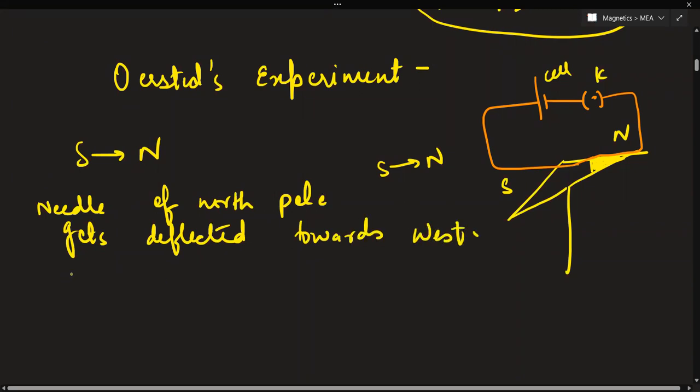And when the direction of current was reversed, so that it flows from north to south, the north pole of the magnetic needle gets deflected towards the east.